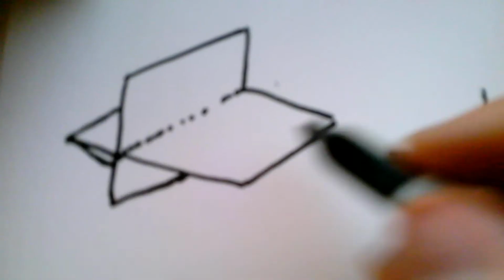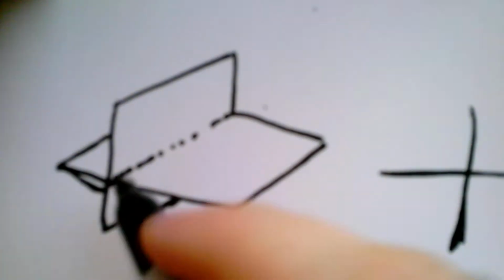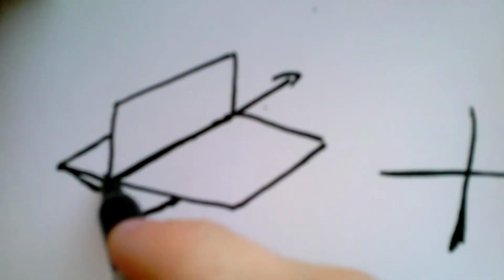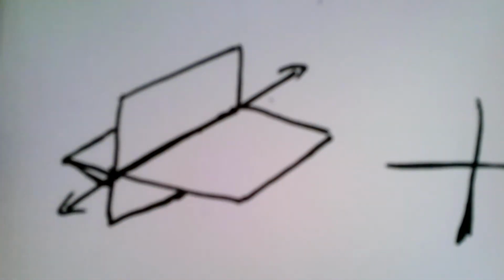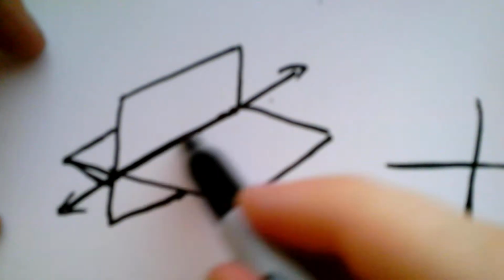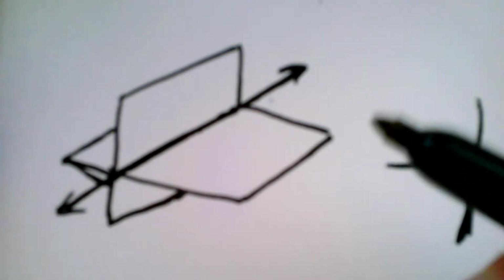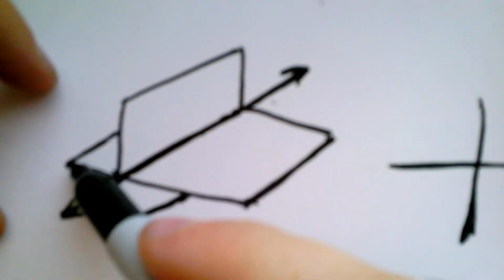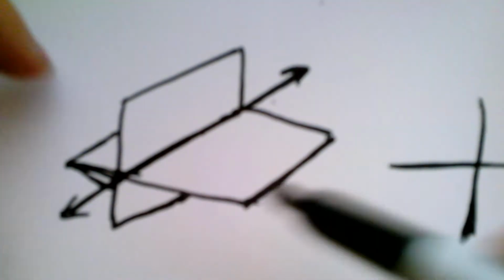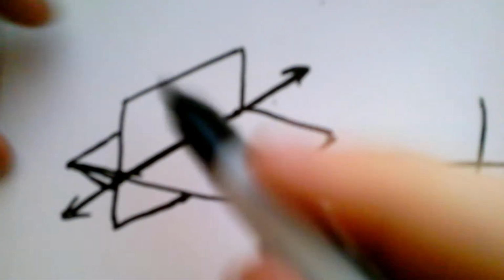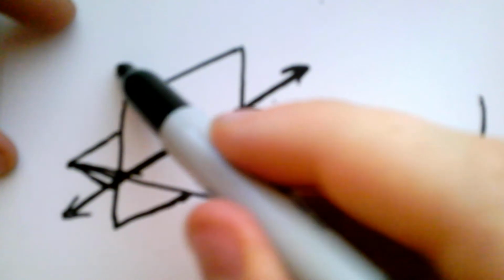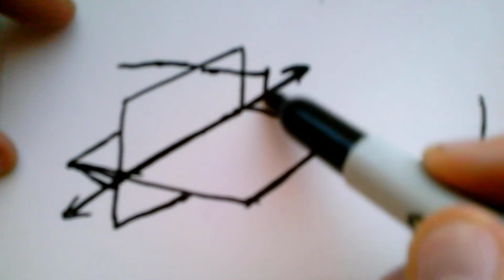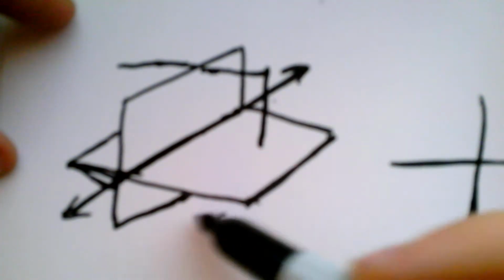This would be an example where this line where they intersect here is an infinite collection of points that satisfy both equations, but since each plane is an equation and I have three unknowns, I have two equations and three unknowns, I don't have enough to limit down to one point. I would need to have another plane or another equation. I'm going to put this going through like this.